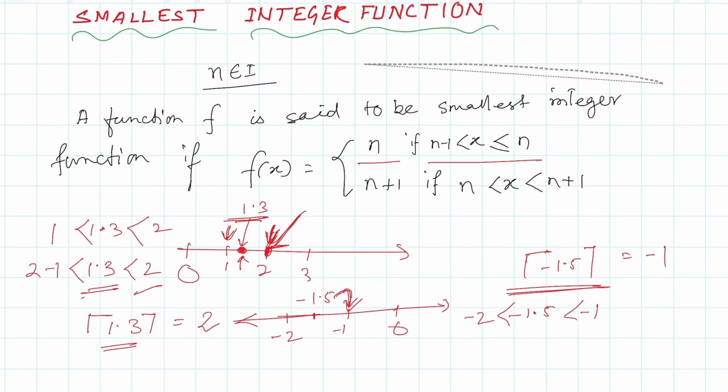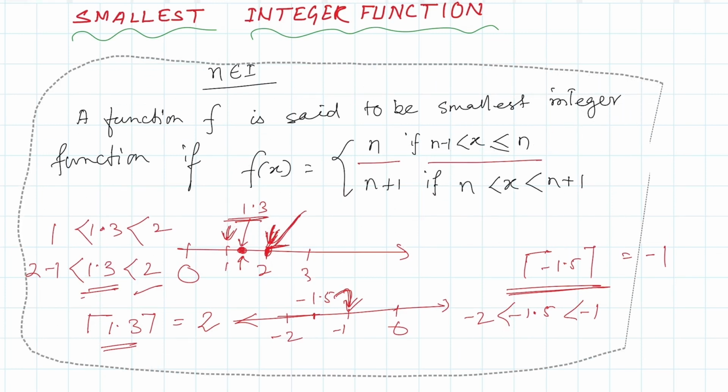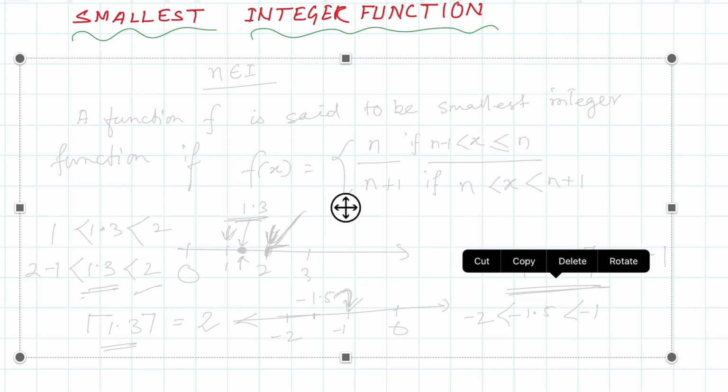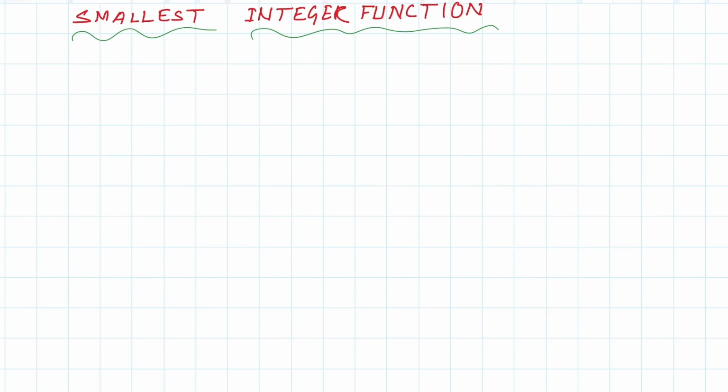Now let me show you how to draw the graph of the smallest integer function, or ceiling function. In order to draw the graph, let us consider y is equal to f of x, that is the ceiling function of x.